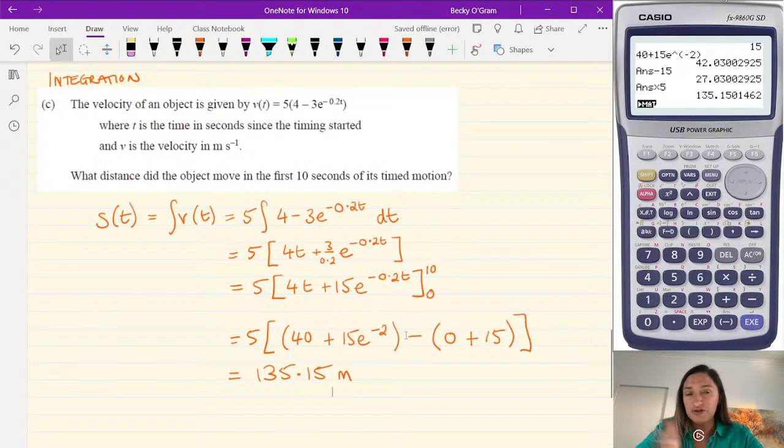So the constants would cancel each other out. We'd end up doing a C minus a C. So when you're doing a definite integral where you're putting the numbers in, you don't need the C. And that's why I used square brackets as well, because that denotes that you're doing a definite integral instead of a general solution where you might have the plus C in there.